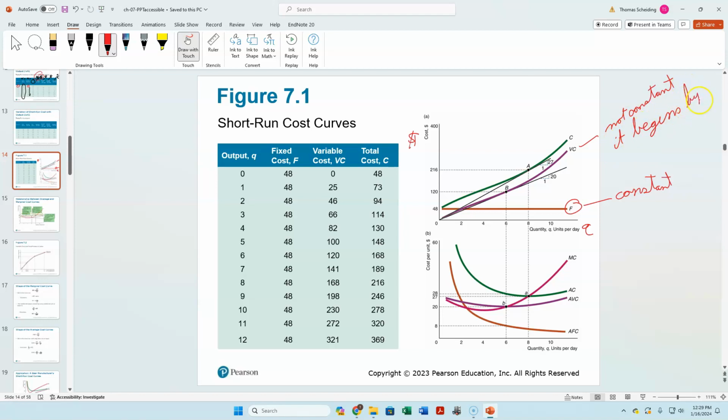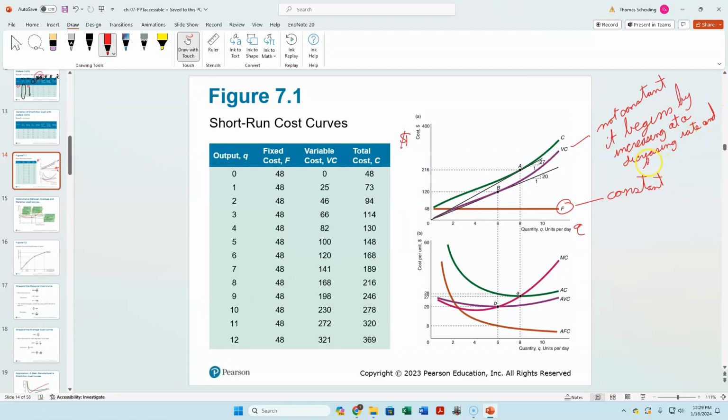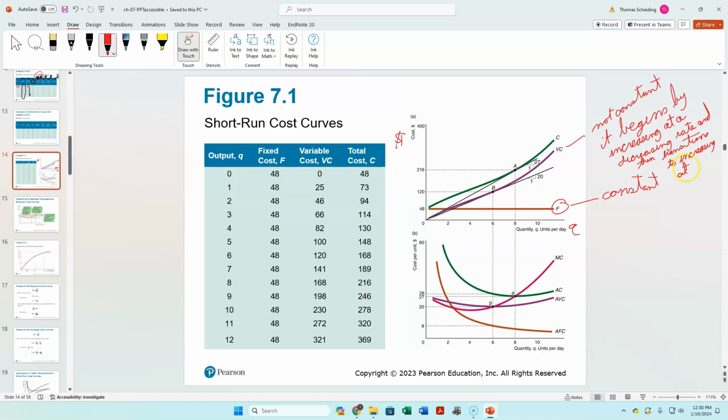It begins by increasing at a decreasing rate, and then transitions to increasing at an increasing rate.